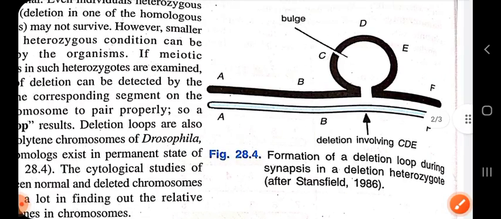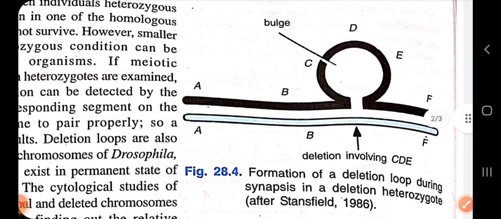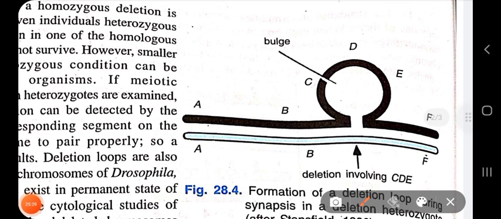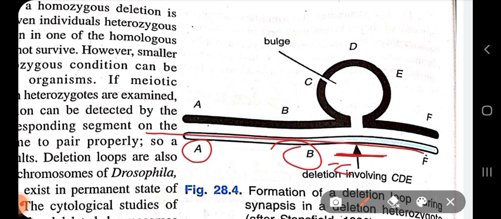In the case of a deletion heterozygote, one of the chromosomes has a deleted segment. You can see here A, B, but where is the CDE? CDE has been removed from this lower chromosome segment as a result of deletion.